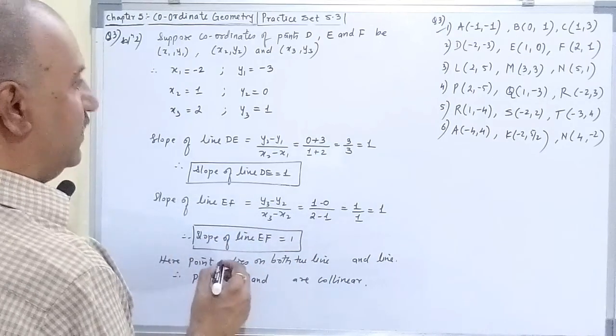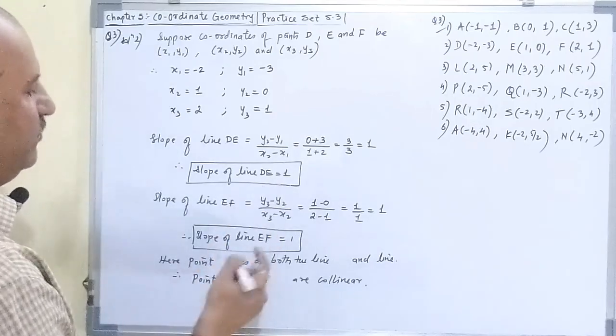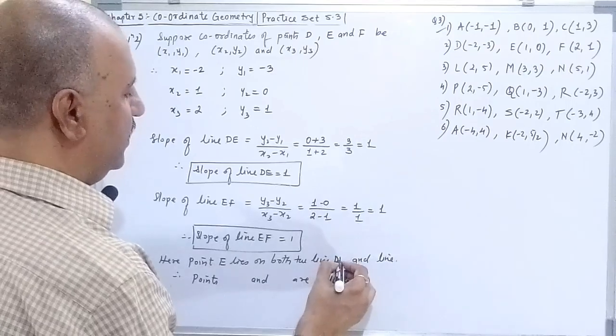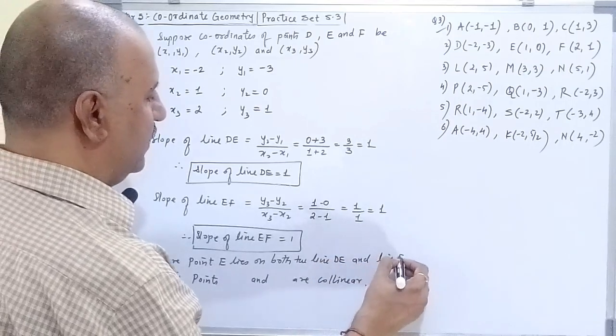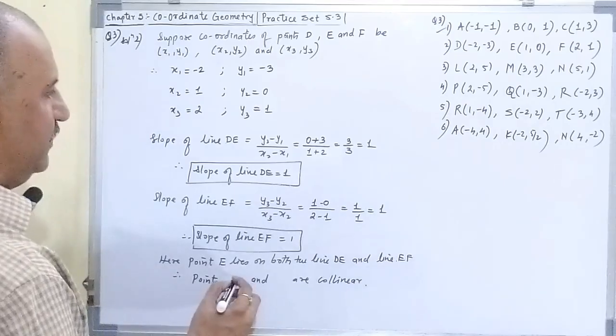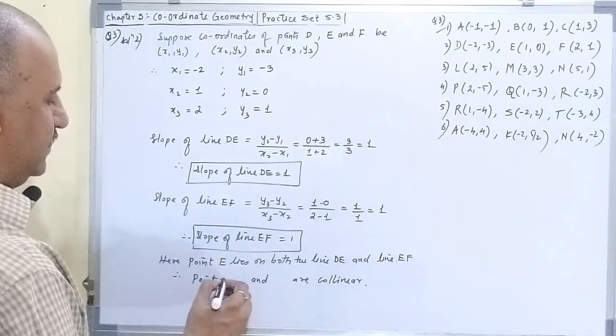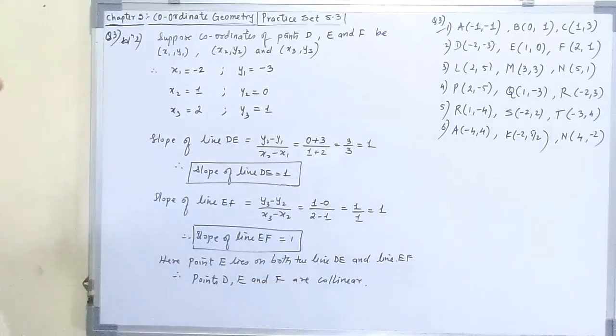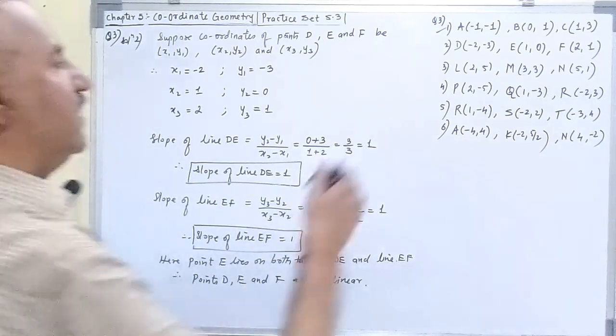Therefore, the common point in both is E. Point E lies on both line DE and line EF. Therefore, points D, E and F are collinear. The second is done.